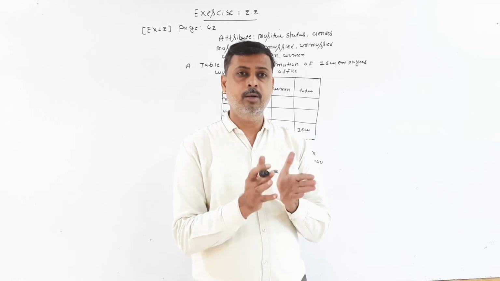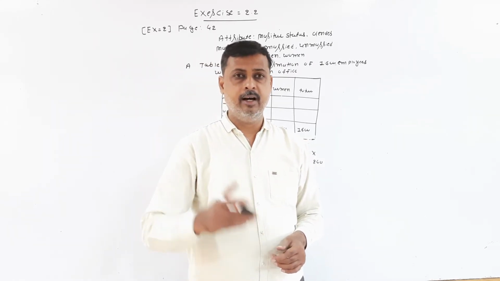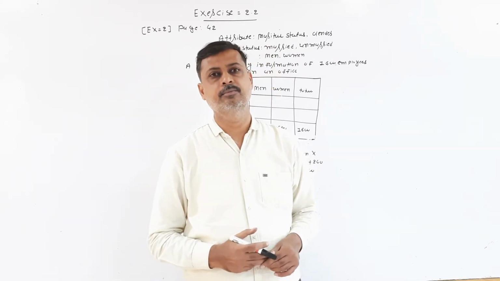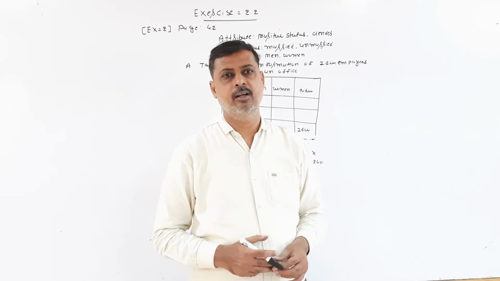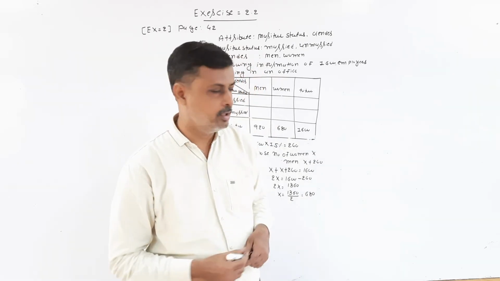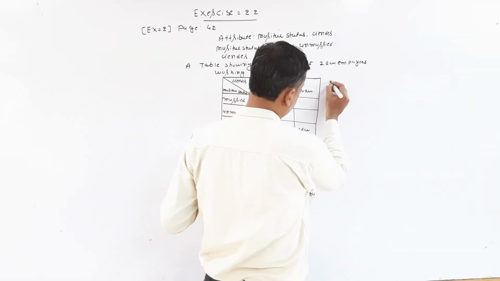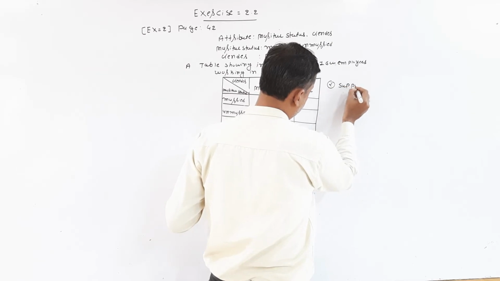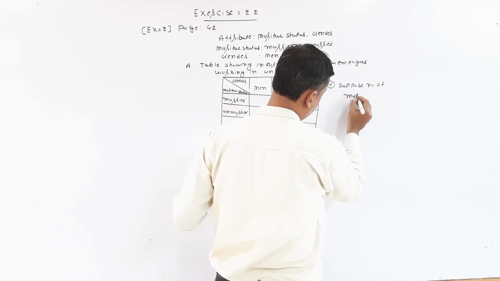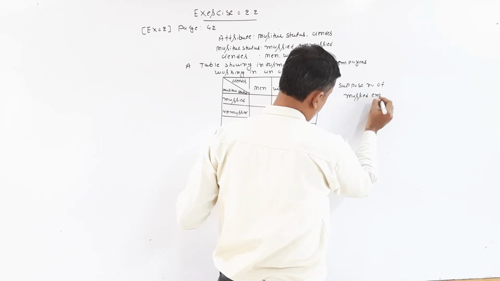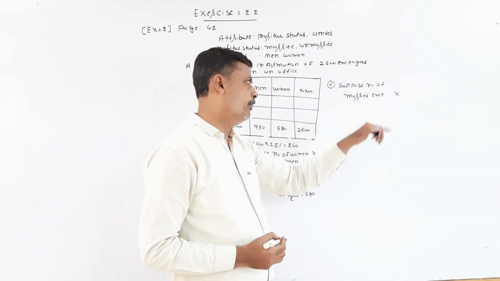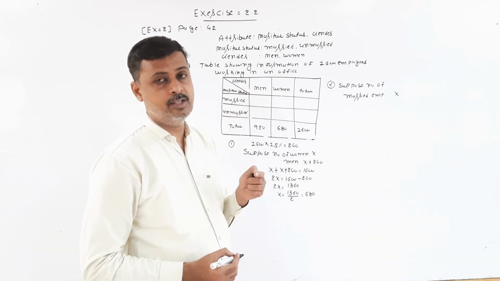So unmarried employees are less than married employees by 800. The unmarried employees are 800 fewer than married employees. Let's do the calculation. Suppose the number of married employees is x and unmarried is 800 less.